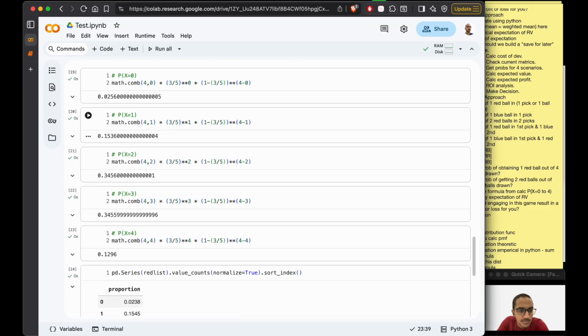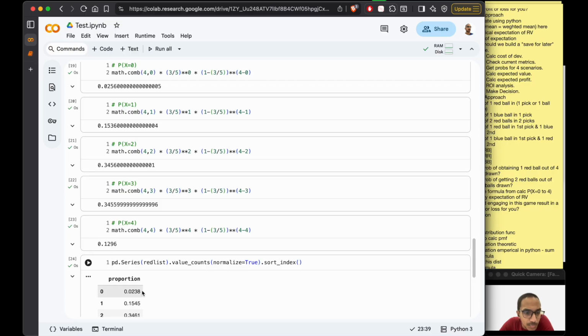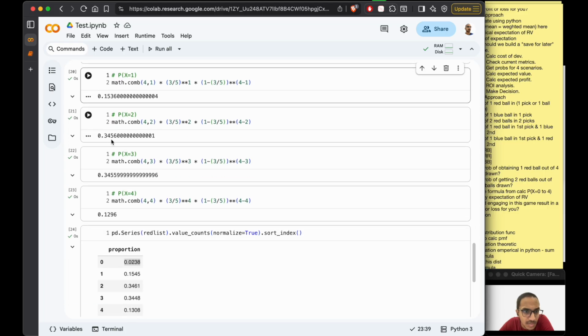The first one is close to 0.0256 and our experimental came to 0.0238. For P1, theoretical is 0.1536 and experimental 0.1545, pretty close. For x equal to 2, it is 0.3456 and 0.3461, again very close. Then 0.3455, 0.3448, and 0.1296, 0.1308.